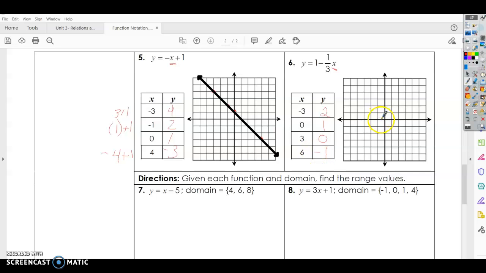So if we graph those, I'm going to go -1, 2, 3, up 2 for the first point. I'm going to go 0, 1 for the second point. I'm going to go 3, 1, 2, 3, 0. And I'm going to go 1, 2, 3, 4, 5, 6, -1. All right, I'm going to graph those.